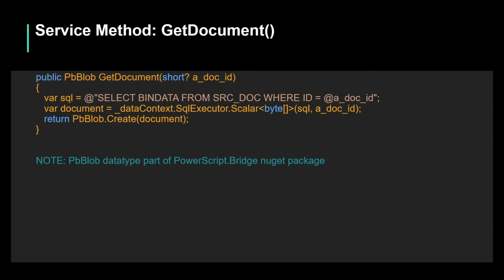And notice the return statement, there's a create method that goes along with that, and so we're simply creating a document from binary data, putting it into a PB blob data type so we can read it, and then sending it back via the controller to the client. And note, this is part of the PowerScript.bridge NuGet package. So in order to take advantage of this, you would need to get that package from NuGet and install it.